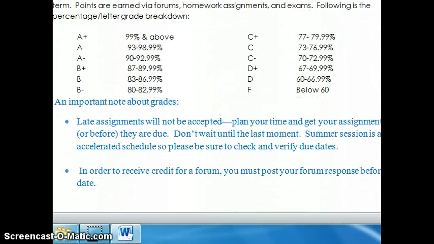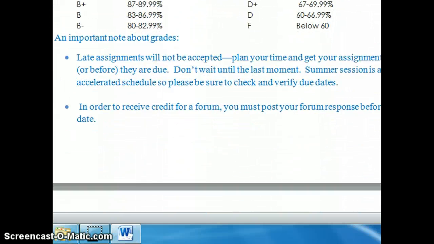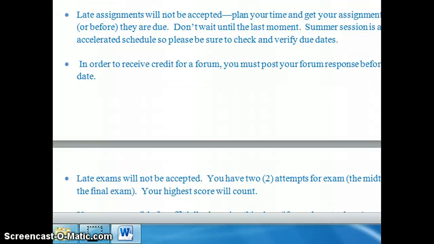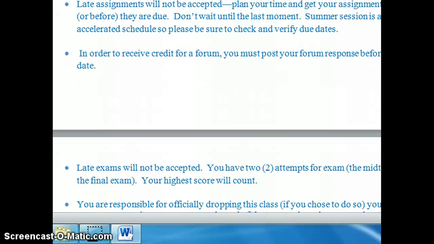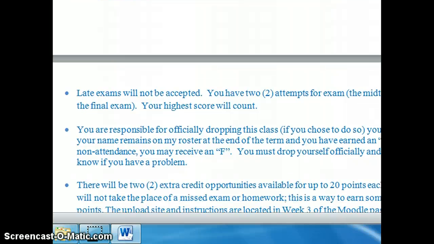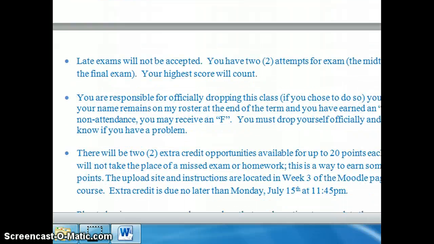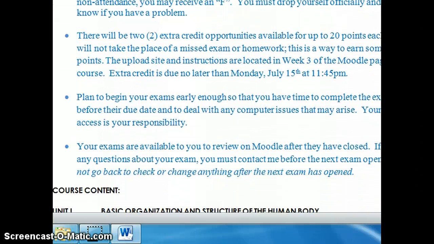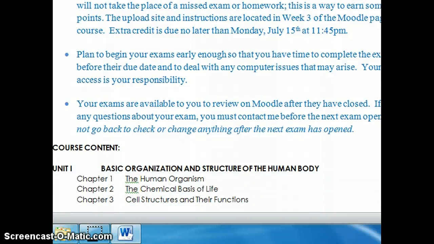Grades. This talks about how late assignments will not be accepted. And also for the forums that occur weekly, you must post your forum before the due date. Pay attention to due dates. All right, you will have 2 extra credit opportunities. There will be more available. The upload site and instructions are located on week 3 of the Moodle page.